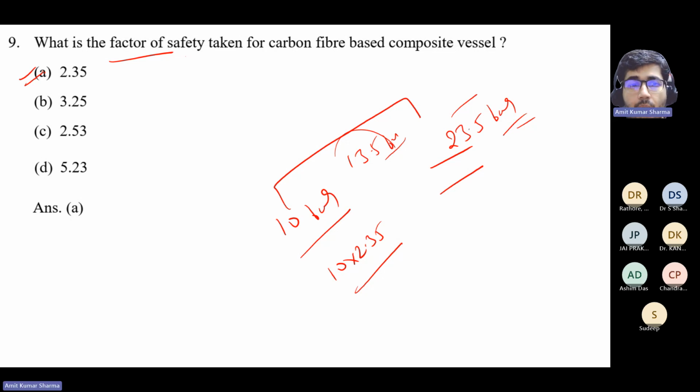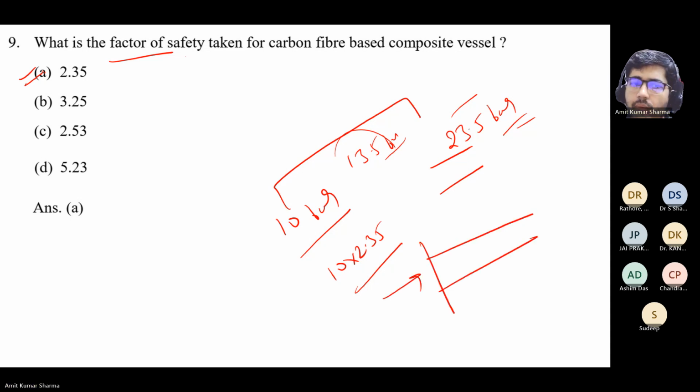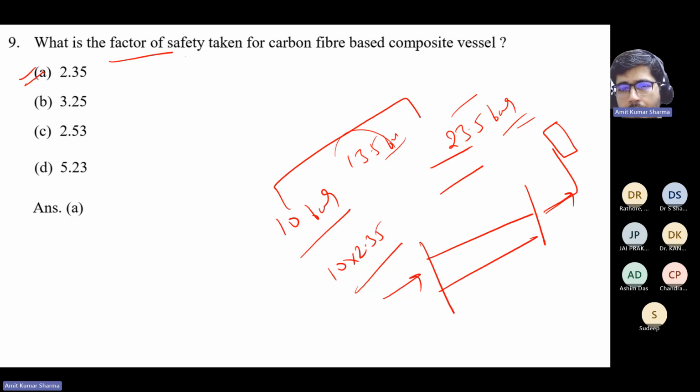This is the factor of safety because, suppose your pipeline is connected like this, you have your input here, output here, and you are collecting this output in your tank. Due to any problem, there is a valve, it's open and flow is going into this tank. Due to some sudden issue, this valve is closed, but this point is pumping the flow continuously and the flow rates are very high. The flow will start accumulating in this pipeline and pressure will start increasing.